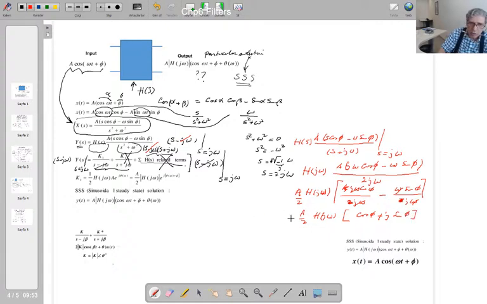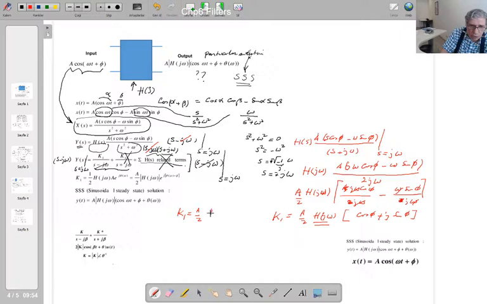So if I write now this one, this is equal to K1. So I'm going to write this K1 in a different way. K1 is A over 2. So this is a complex number, isn't it? I can represent this complex number in polar form.